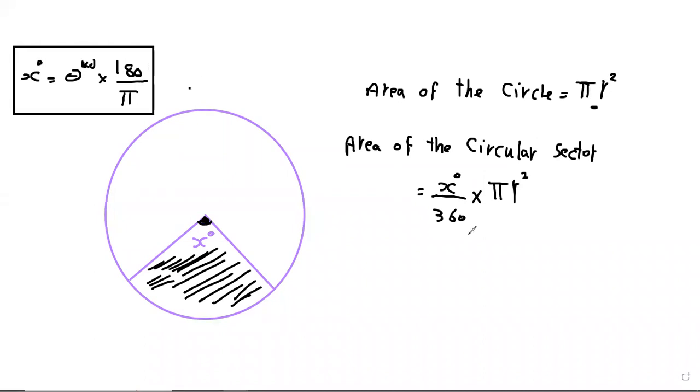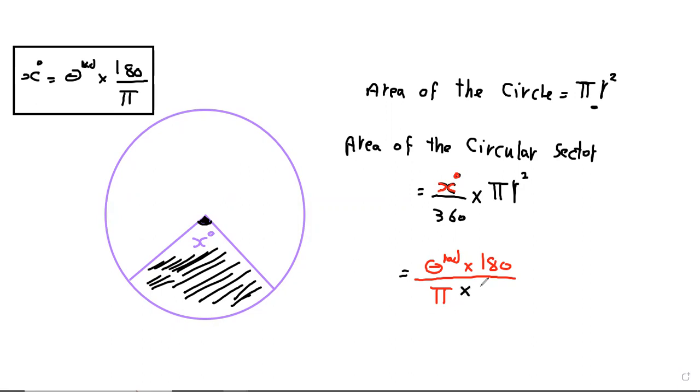So we can substitute x degrees by theta radian multiplied by 180 divided by pi, because x degrees equals theta radian multiplied by 180 over pi.